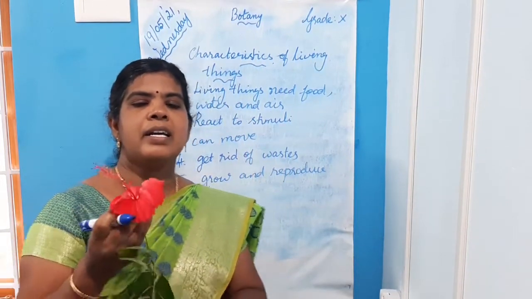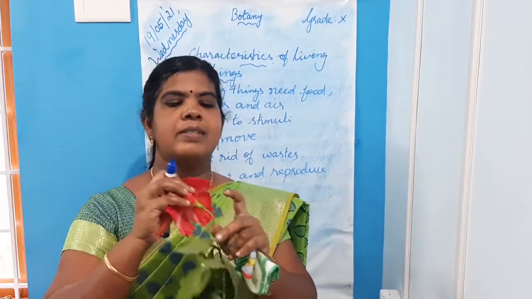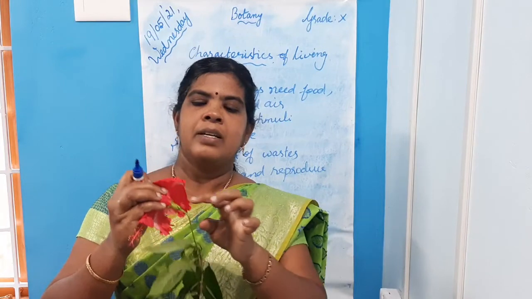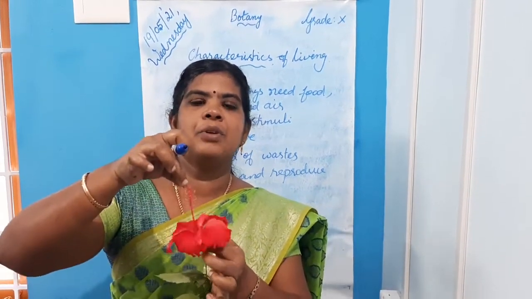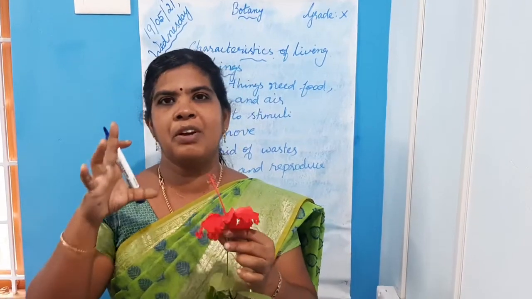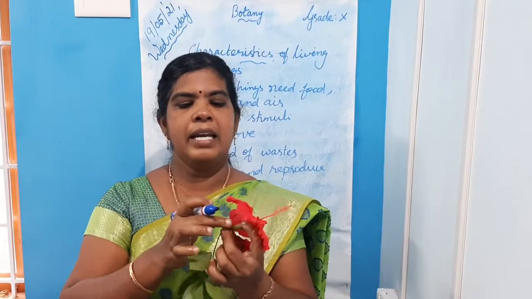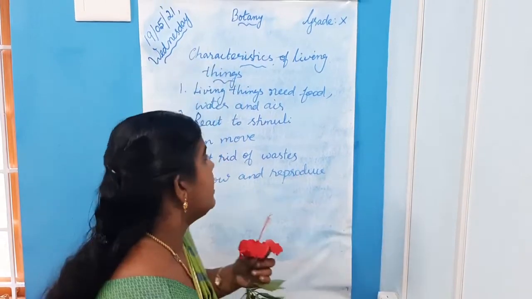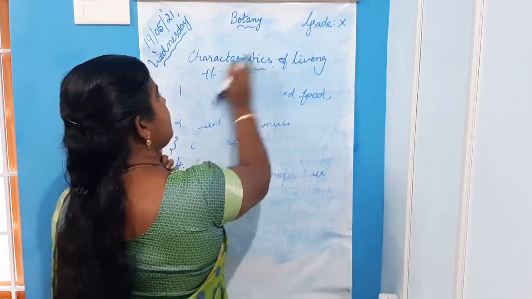Your flower consists of 4 whorls: calyx, corolla, androecium, gynoecium. The flower consists of 4 floral parts, namely calyx, corolla, androecium and gynoecium. Name the 4 floral parts.